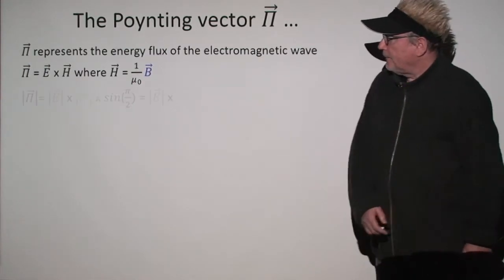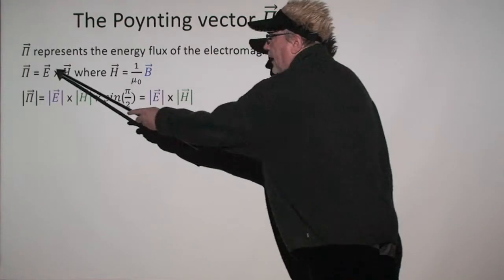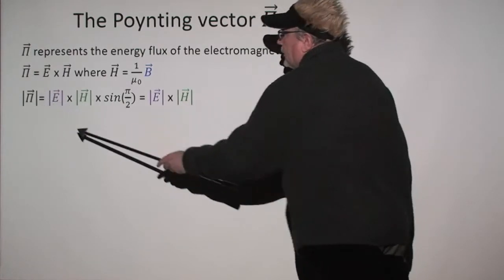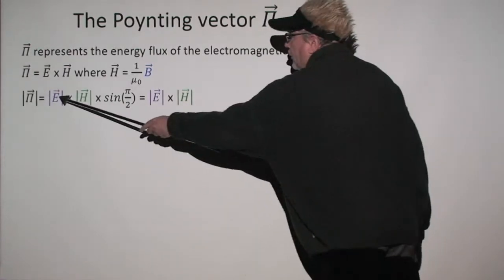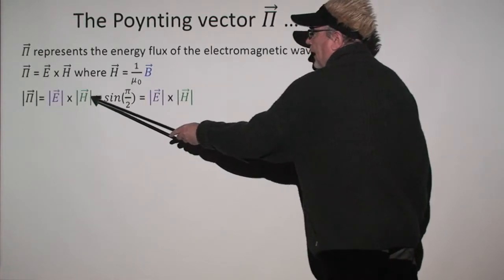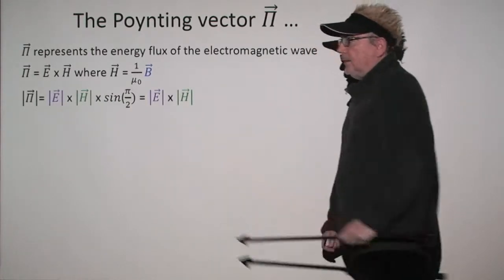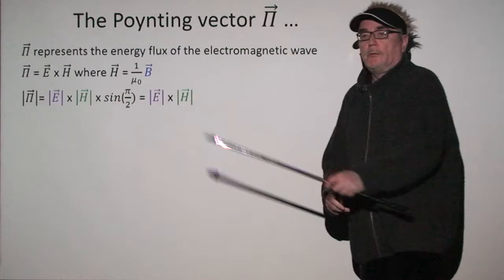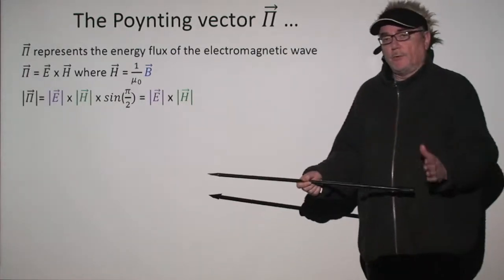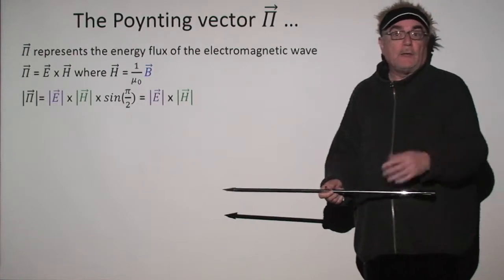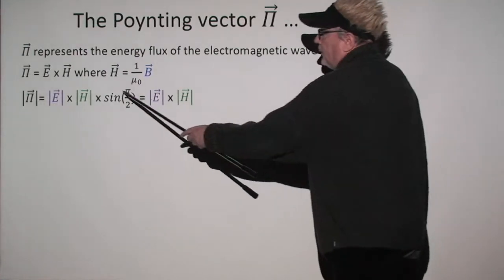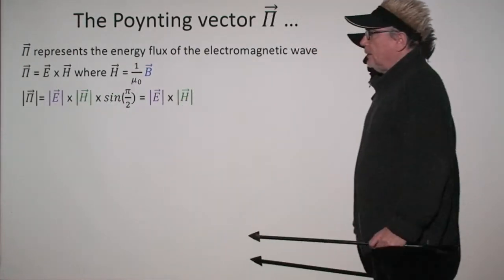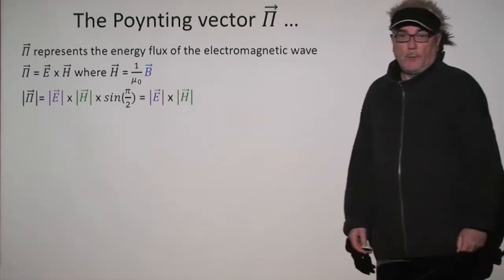Anyway, once you know that, what you can do is derive from the fact that Pi is a cross product of E and H, and by definition that means that the module of Pi is equal to the module of E multiplied by the module of H multiplied by the sine of the angle between the two vectors, which, as you remember, in the example we take here, is 90 degrees, which is pi over 2. And since sine of pi over 2 is equal to 1, the module here is equal to the product of the modules there.